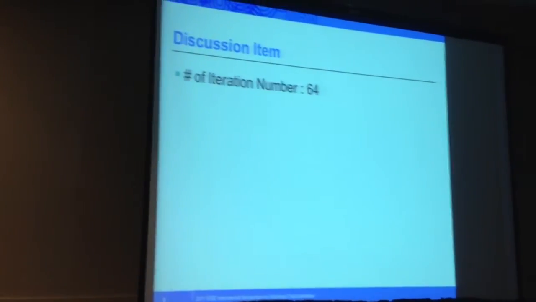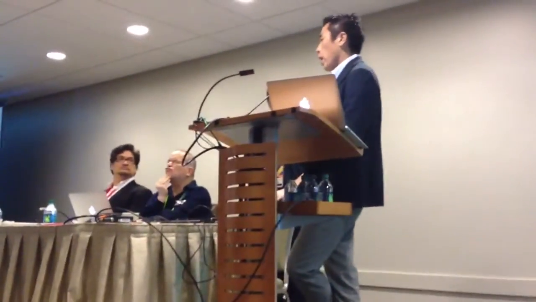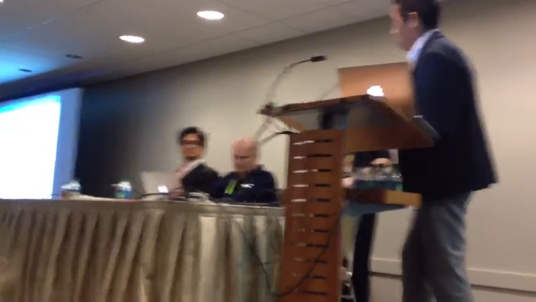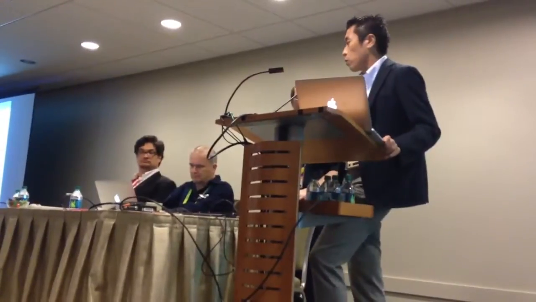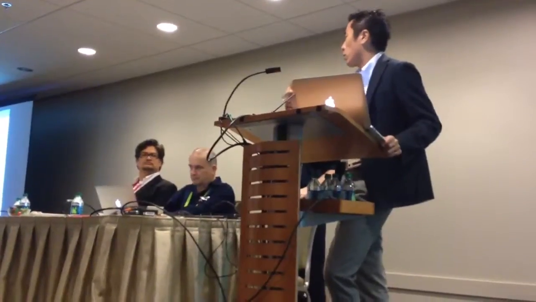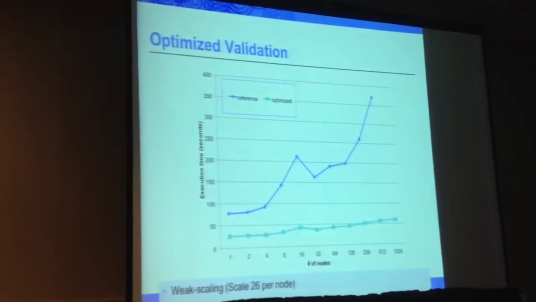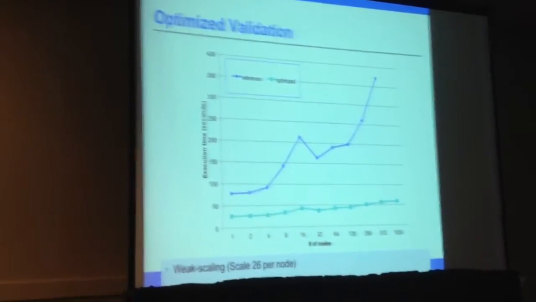We couldn't run it for a whole week. The validation phase and BFS have to be done 64 times, so that takes a lot of time, six to seven hours. I would like to suggest reducing it from 64 to a smaller number. This number shows our optimization of the validation phase.